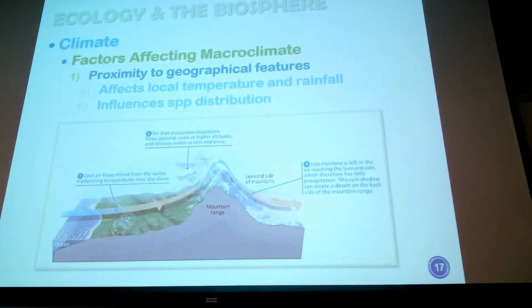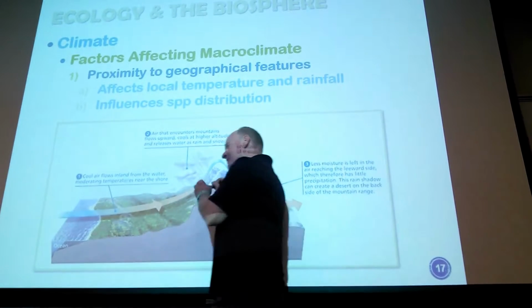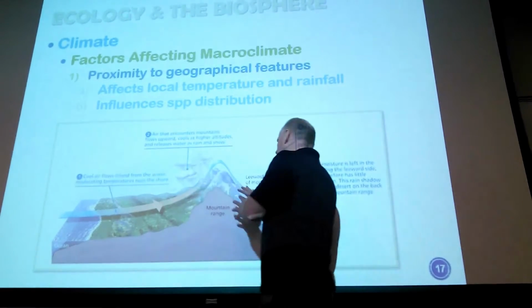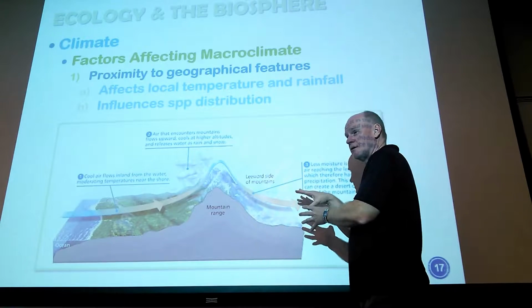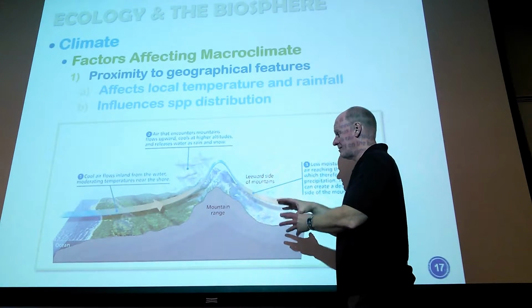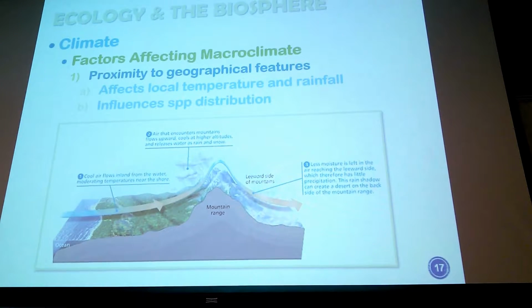So, influence on species distribution. Plants are easy to understand because some plants require less intense sunlight and more moisture. You can see them thriving over here. The plants that survive over here have to tolerate greater amounts of sunlight and less moisture. And animals, just like plants, have to be adapted to certain regions.